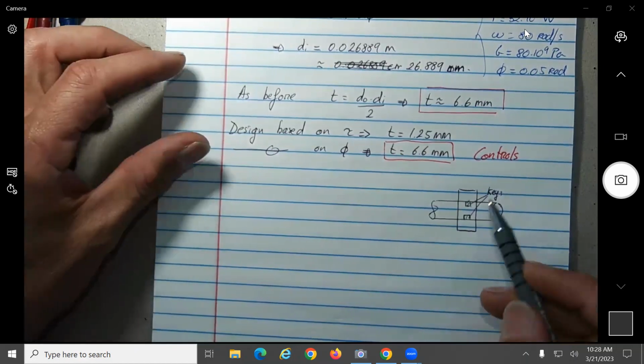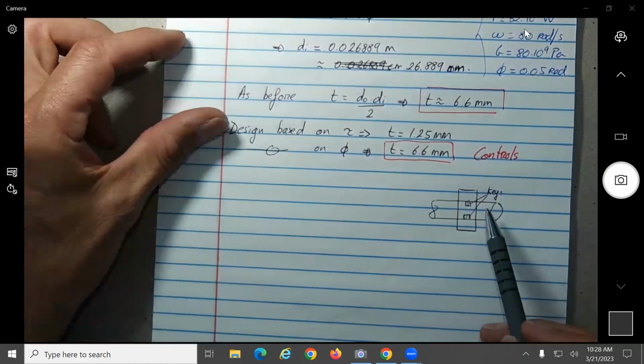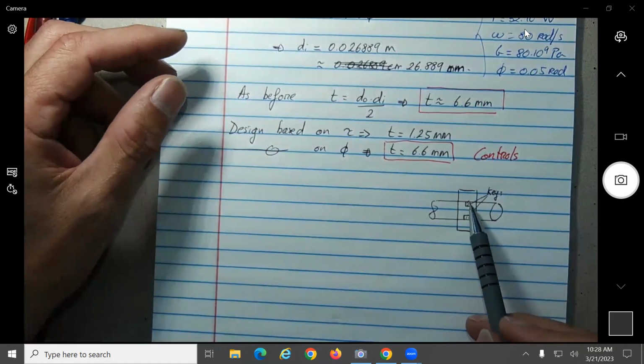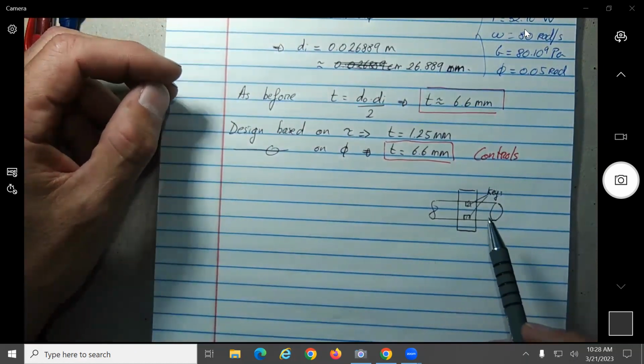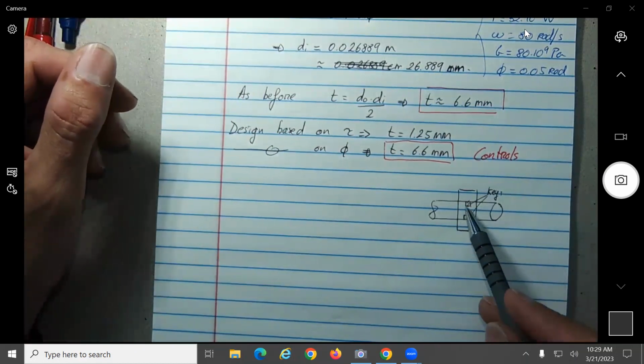But anyway, you have keys. Something we're going to do next. Now, the keys, if you think about stresses, are they going to help or are they going to be detrimental? Are they going to increase or decrease the stresses? Increase, because of the sharp edges, no? Yeah, that's right.